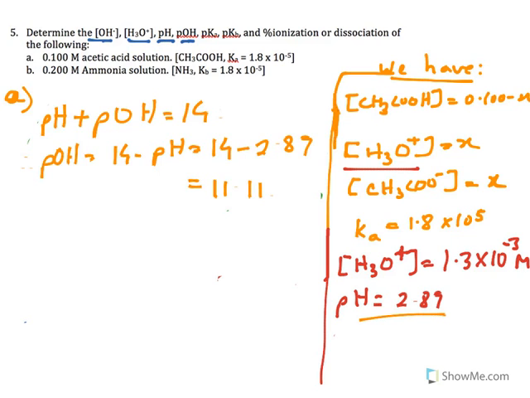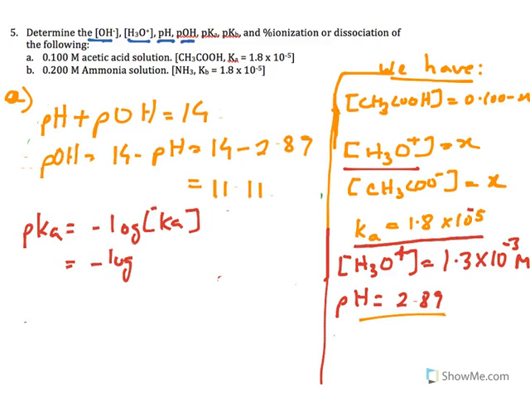We know our Ka is given, so Ka is equal to 1.8 times 10 to the power of negative 5. And we know that pKa is equal to negative log of Ka. So that is going to be negative log of 1.8 times 10 to the power of negative 5. And that will give us a pKa of 4.74.